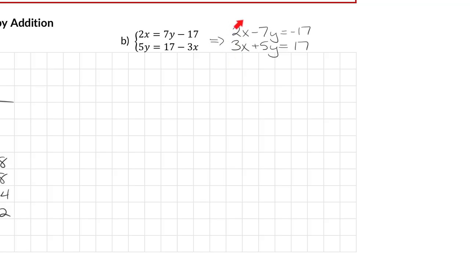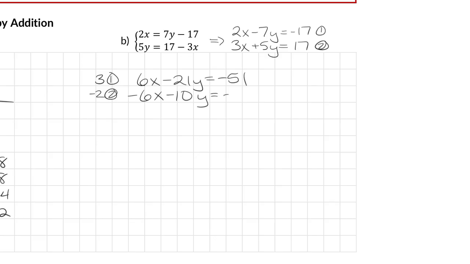Basically, I'm trying to find the least common multiple amongst these two numbers. So what I'm going to do here is multiply the first equation by 3, and multiply the second equation by negative 2, because I want one to be positive and I want one to be negative. When we do this, I end up with 6x minus 21y equal to negative 51, and then negative 6x minus 10y equal to negative 34.